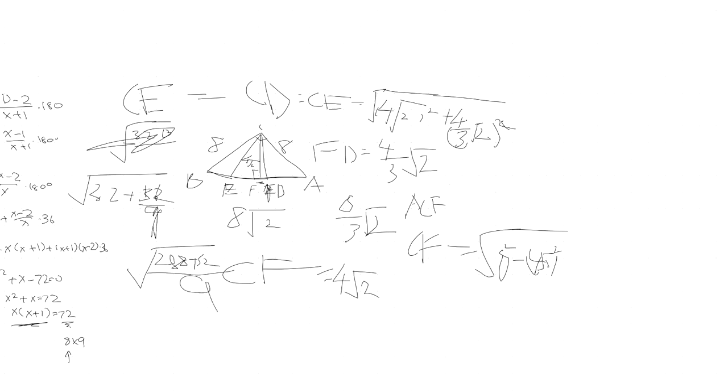So then you get the square root of 312 over 9. Then you get that it's equal to 312 root over 3, and then you square that, it's basically 312 over 9. So the answer will be 321.